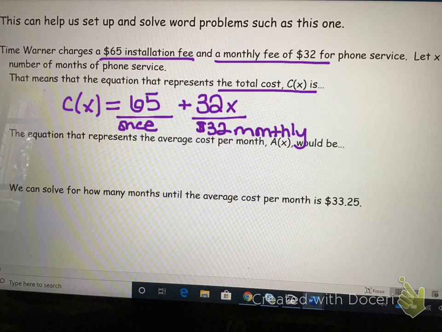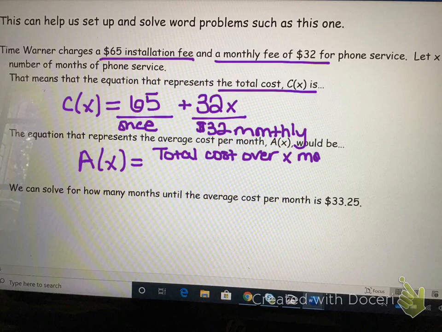And the next step says that we can calculate the average cost. So if you want to figure out what is the average that I am paying Time Warner each month, what you are doing is taking the total cost over x months, and dividing it by the number of months.